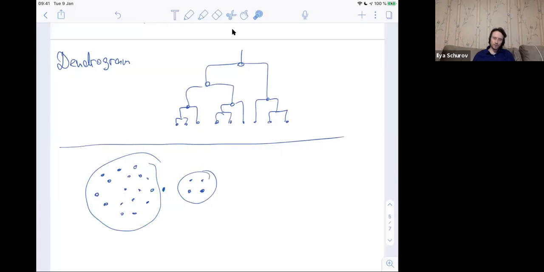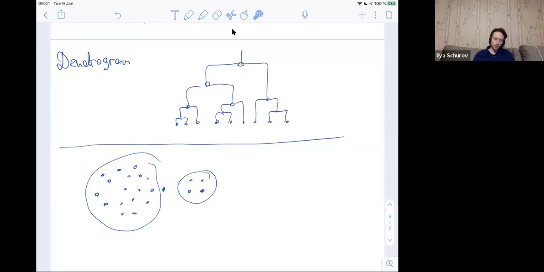For example, Paulina suggests to append this point to this cluster. And this is reasonable if we measure distance between this point and this cluster by measuring the smallest distance. In this case, this distance is smaller than this distance, or this distance.